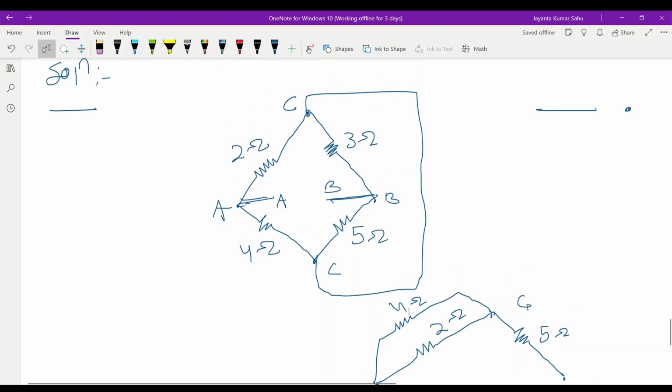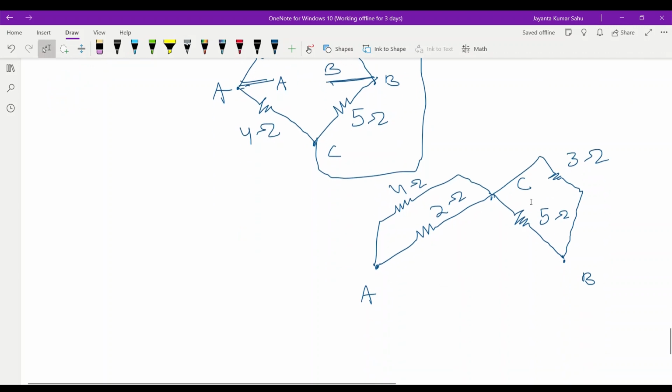And B to C how much? 3 ohm. That means this 4 ohm and 2 ohm are connected in parallel. This 3 ohm and 5 ohm are connected in parallel. Total connected in series. Then how do we determine the equivalent resistance?